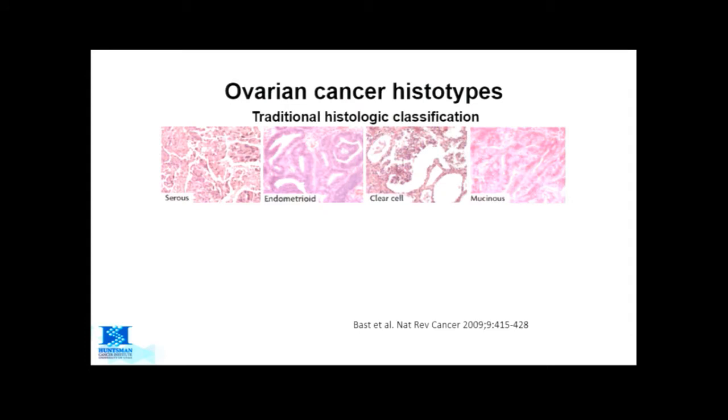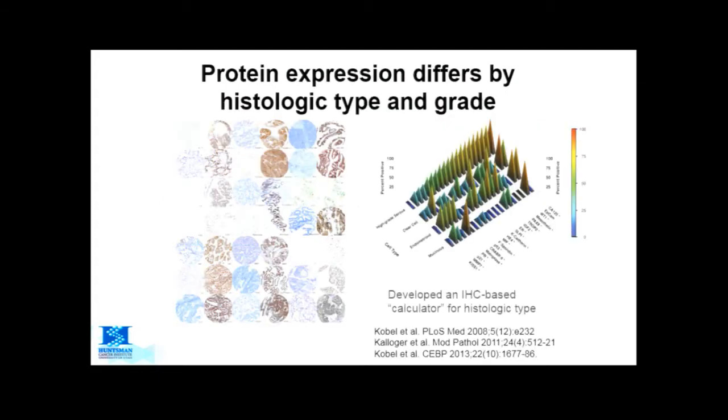Also, histotype is extremely important, as I'll show you soon. So traditionally, ovarian cancer has been diagnosed using morphologic features. But over time, people have understood that protein expression varies widely across different ovarian cancer types. And so these are the morphologic types, and these are several protein markers. And you can see dramatic differences in the expression patterns across the morphologic types.